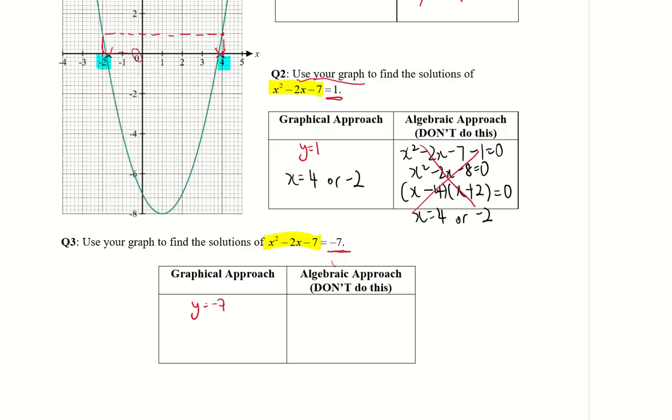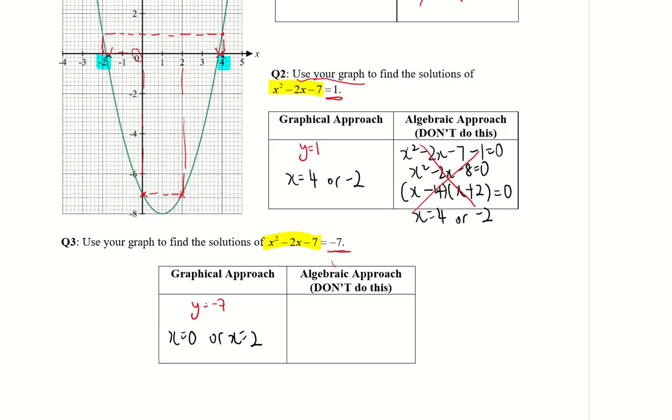It is over here. I draw a dotted line, and I see these exact 2 points here. The x coordinates I read off are x is 0 and x is 2. So x is 0 or x is 2.